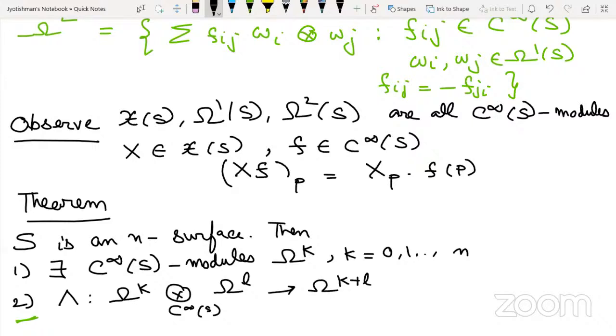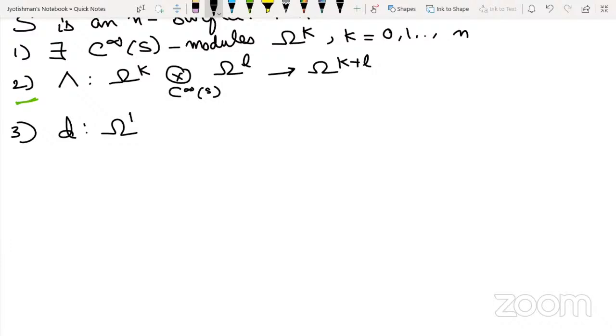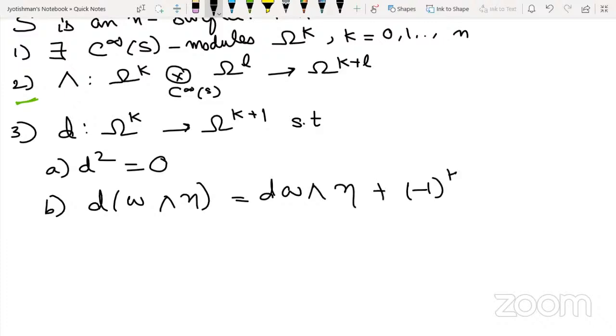And also a map d from omega k to omega k plus 1 such that (a) d squared equals 0 and (b) d of omega wedge eta is equal to d omega wedge eta plus minus 1 to the power k omega wedge d eta, if omega belongs to omega k.